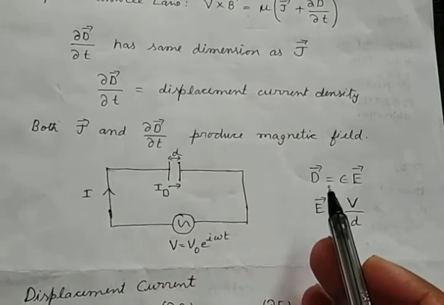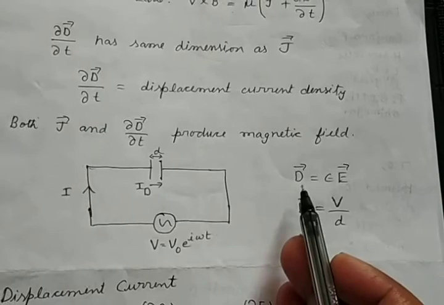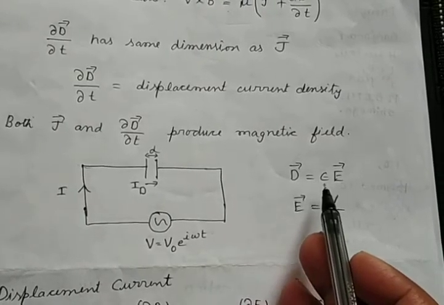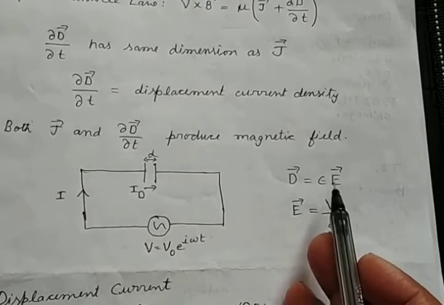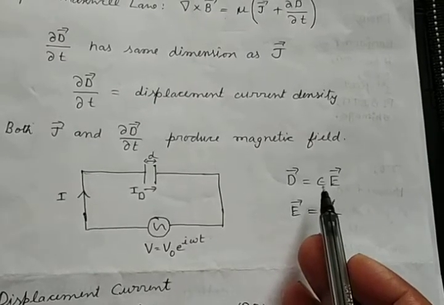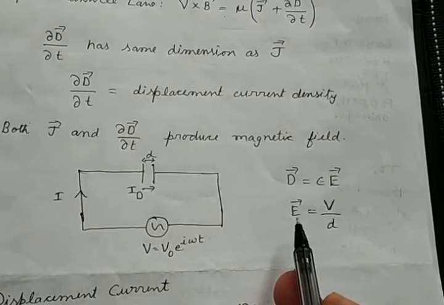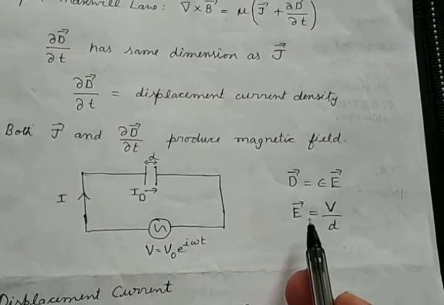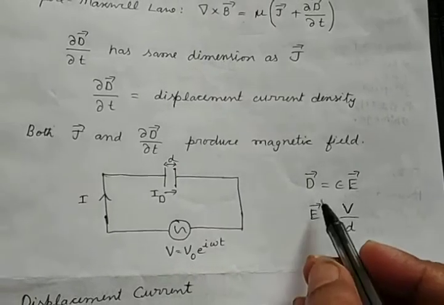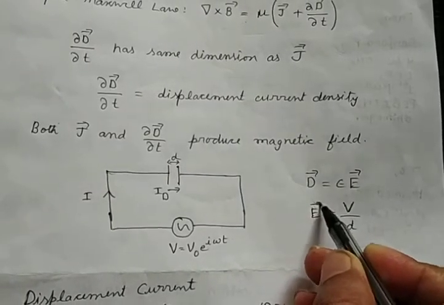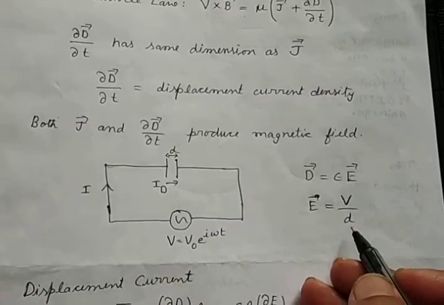Here we can also remember the basic relations: the flux density vector D bar is equal to epsilon times the electric field vector E bar, where epsilon is the permittivity of the medium, and the electric field magnitude, not the vector, is equal to V by d.